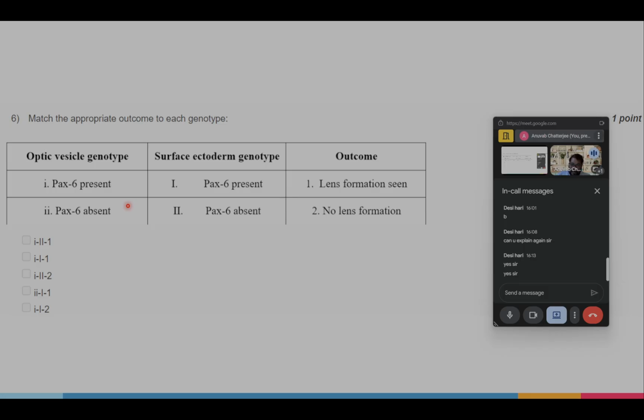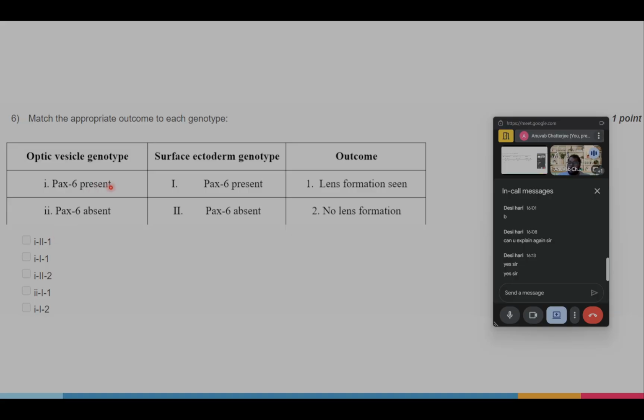So that we are able to solve this, I will give you the hint. PAX6 is a molecule which causes competency. It causes this particular cell in this particular scenario to be competent to receive the signal. So, based on that, I will ask you to try and figure out this match the following.